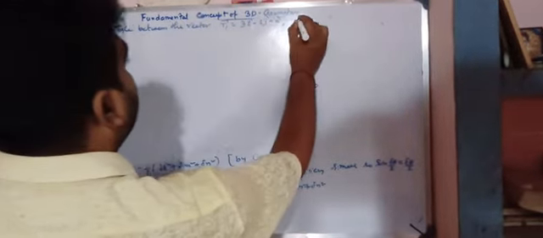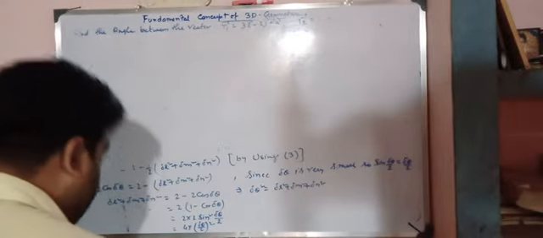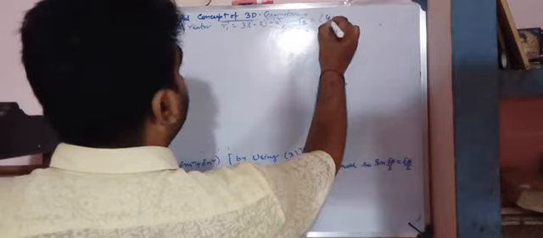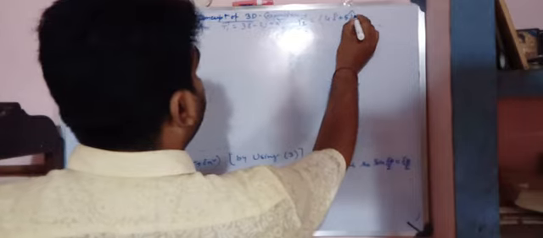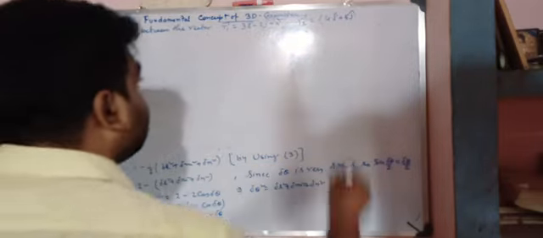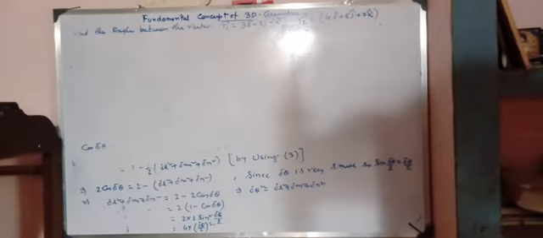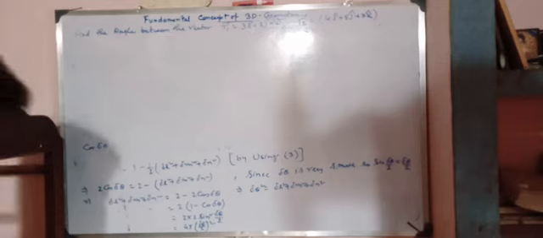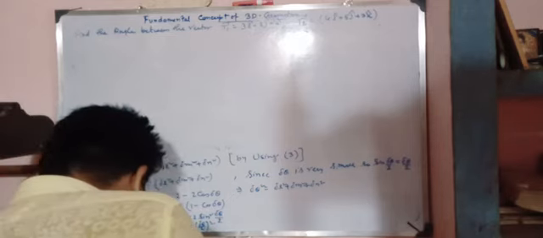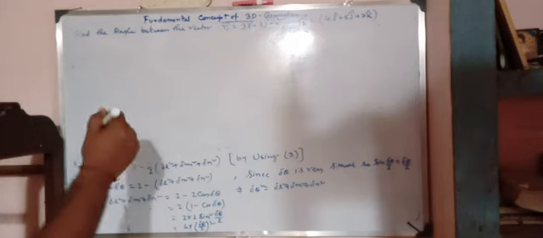R2 vector is equal to 4 i cap plus 5 j cap plus 7 k cap. So we have to find the angle between these two vectors.